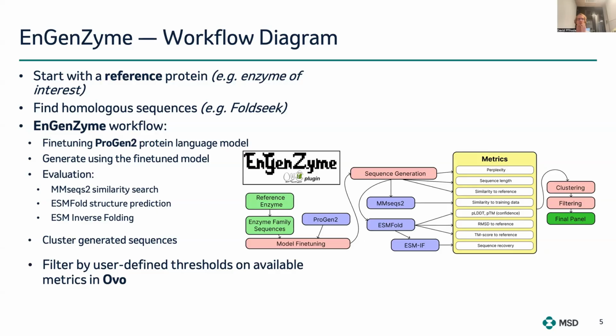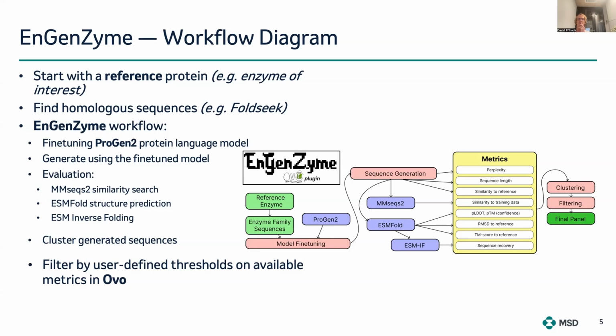After the fine-tuning, we use that model to generate sequences and evaluate them using a few different tools. First of all, we do some intrinsic evaluation where we look at perplexity and similarity to the reference structure, a number of identical positions in the alignment.